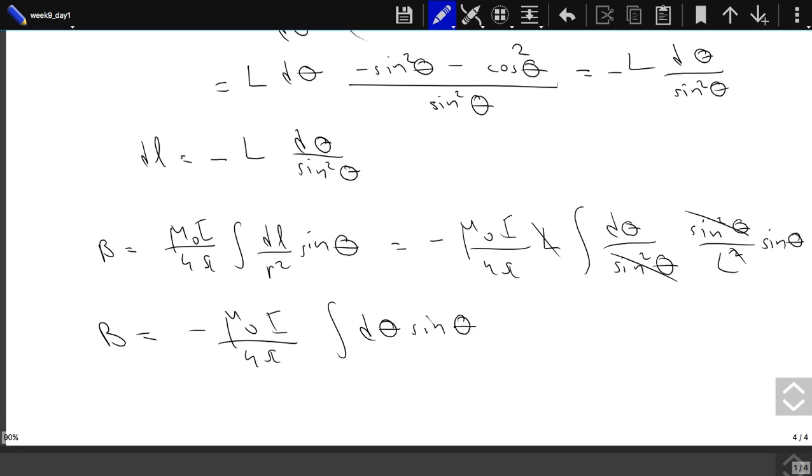Why? Well, it's just a notation, whichever one you like. If you want to write dl on this side, just do it.